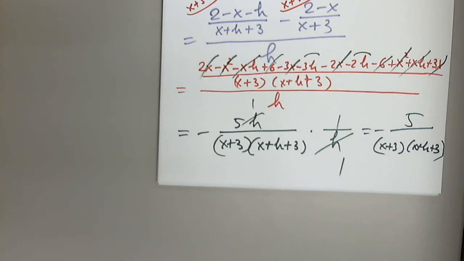Since you know limits and you know the difference quotient right now, if you were asked to differentiate that function, what would you get? What would you have gotten? Negative 5 over. It's the limit when h approaches 0. Negative 5 over x plus 3 squared.